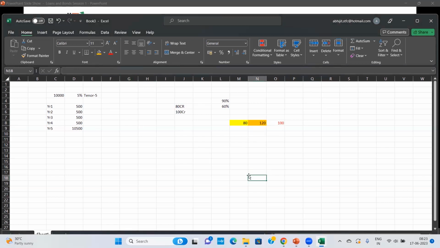Now with non-repayment, with the accrued interest, check bouncing charges, and if I have initiated legal action, suppose the client has not paid a single paisa.